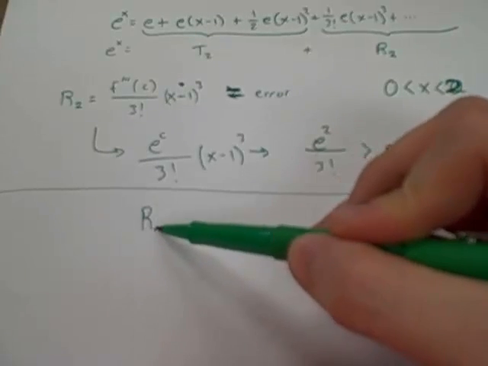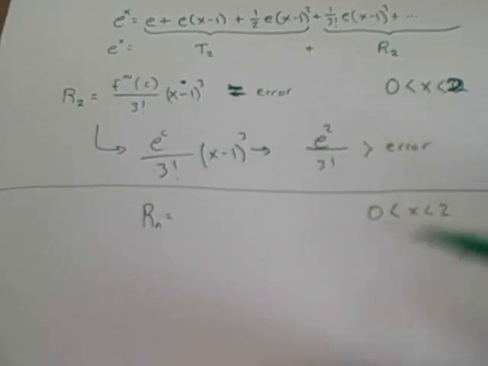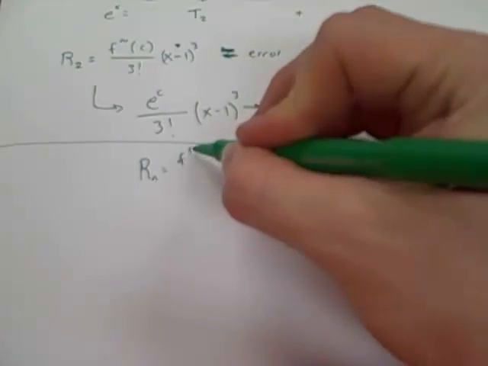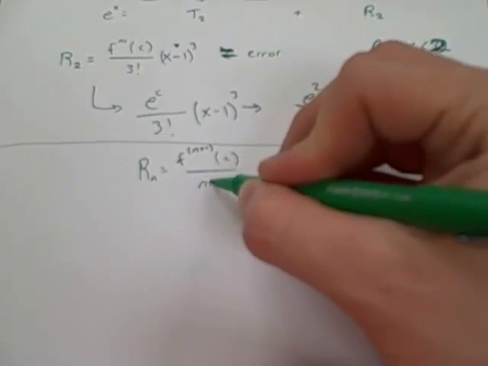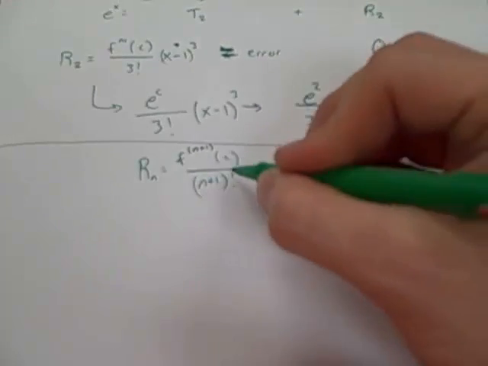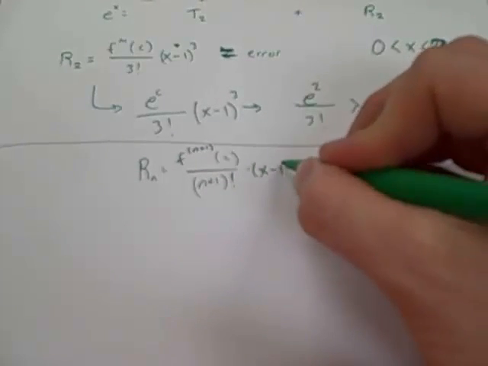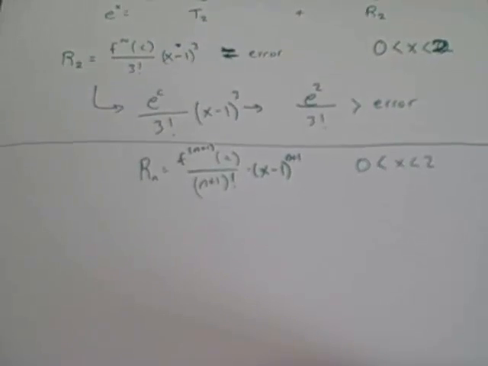Let's write the general error term. So I know that the error associated with the nth degree Taylor polynomial is going to be the n plus first derivative evaluated at c over the n plus first factorial times x minus the center to the n plus first power.